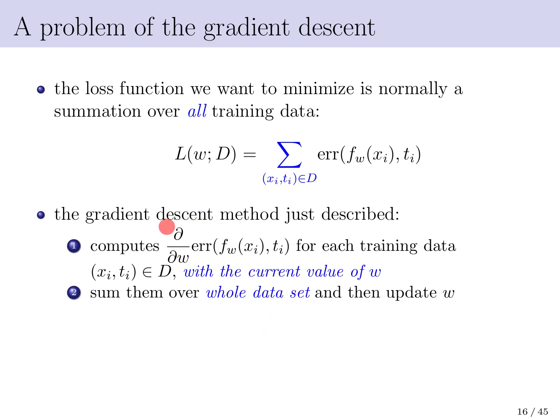So the gradient descent method I have just described computes the derivative or the gradient of this error function with respect to W for each training data with the current value of W, and then sums all of them over the whole data set, right?